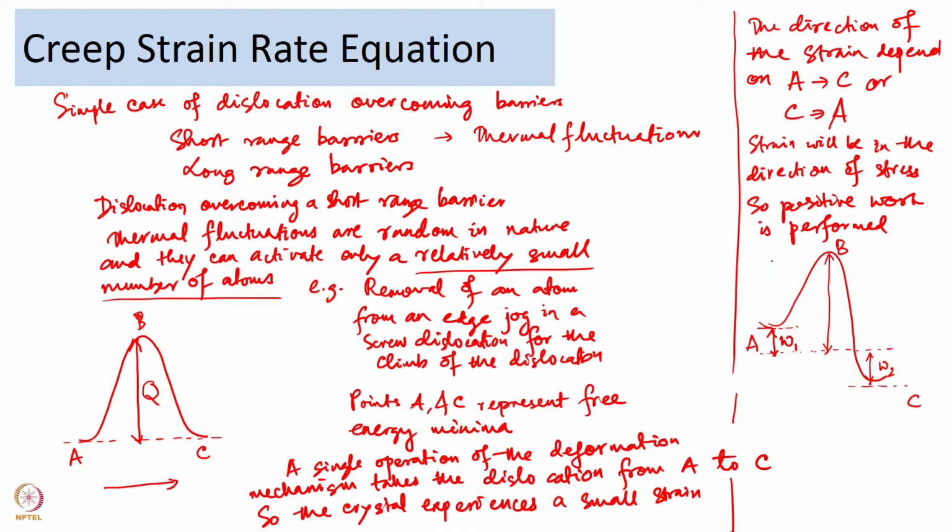It is going to become Q minus W1, because the stress is driving the system forward. So, it is going to become even more difficult for a dislocation to move in the opposite direction. C is going to come down, and so the barrier for the dislocation to move from the new position of C to B will be Q plus W2.